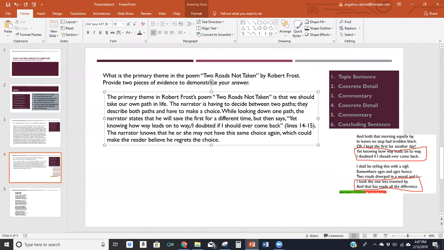Do I really think that's going to the theme though? But his tone and word choice, especially from, you know what, let's see here.